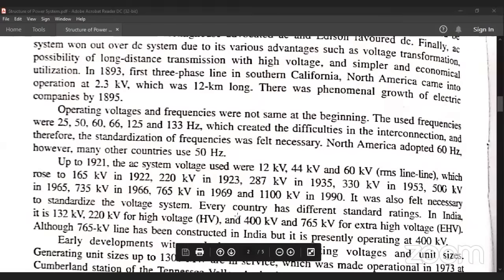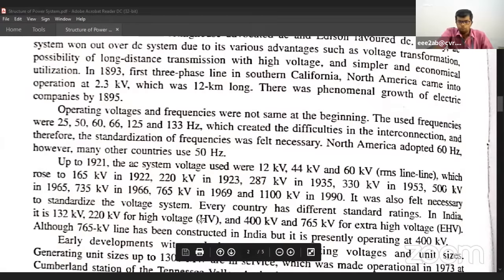If you see, every country has different standard ratings. In India, 132 kilovolt and 220 kilovolt are high voltage, and 400 kilovolt and 765 kilovolt are extra high voltage. In some other countries, 765 kilovolt is not extra high voltage; in India, only 765 kilovolt is extra high voltage.